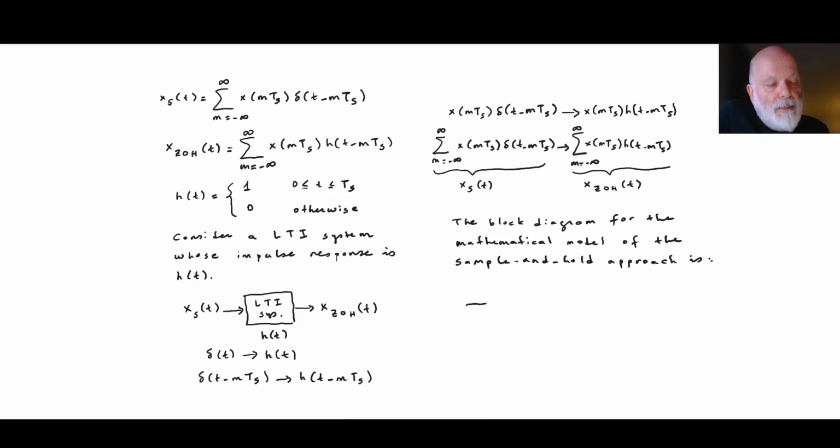We have x of t. We multiply x of t by the impulse train p of t.